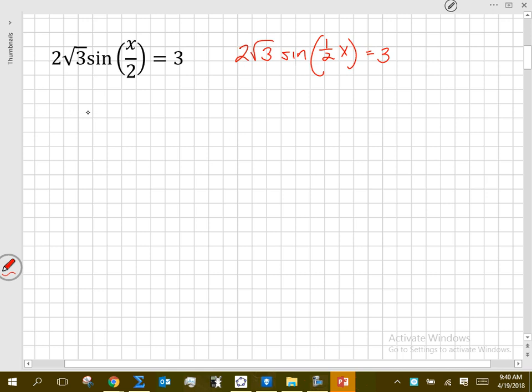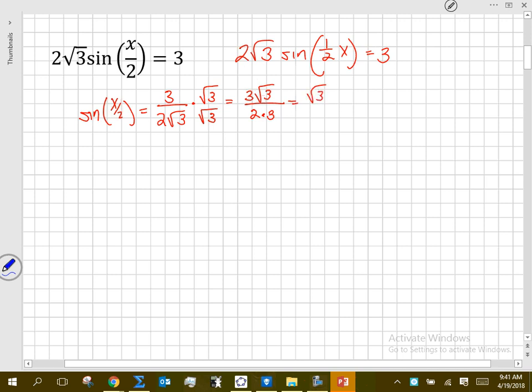So by solving for sine of 1/2 x, we'd have 3 over 2 radical 3, right? Now we don't know that off the unit circle, but it makes sense to do this. So I get 3 radical 3 over 2 times 3. What's that going to give me?